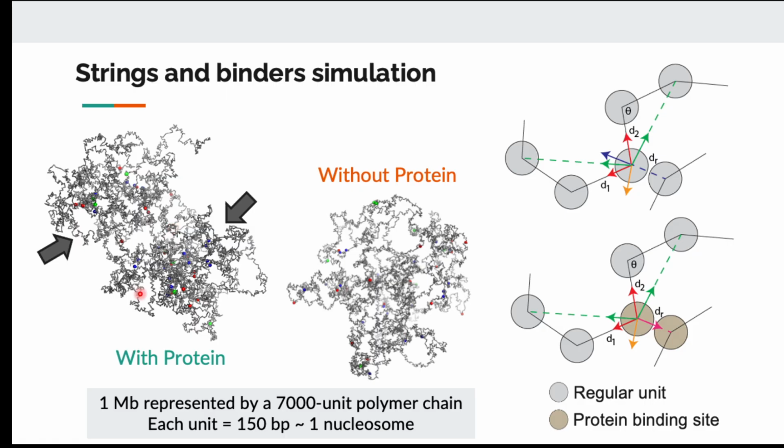So usually what people do is what's called coarse modeling. Instead of treating one nucleotide as a unit of the simulation, we take about 150 nucleotides, 150 base pairs. The reason is that this is about the length of the DNA that is bound to one nucleosome.